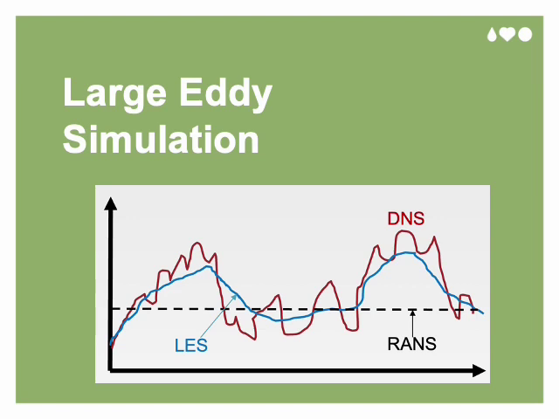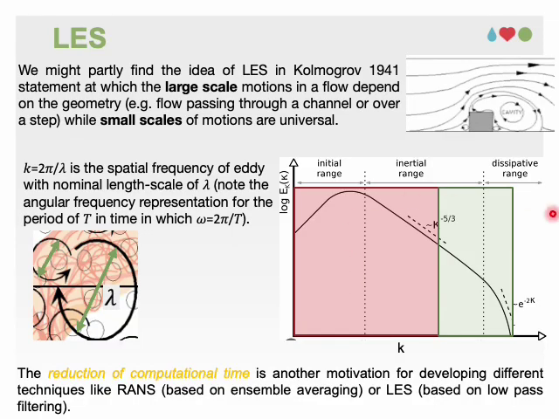Let's now dive right into our main topic, which is LES. The principal idea behind the LES approach can be partly referred to as the Kolmogorov statement, which provides an important framework and basis for LES. In LES, the large-scale eddies are resolved explicitly, and the small-scale eddies are modeled.